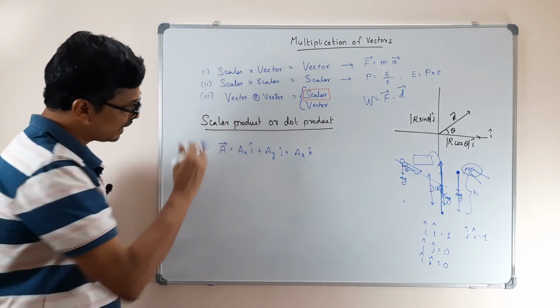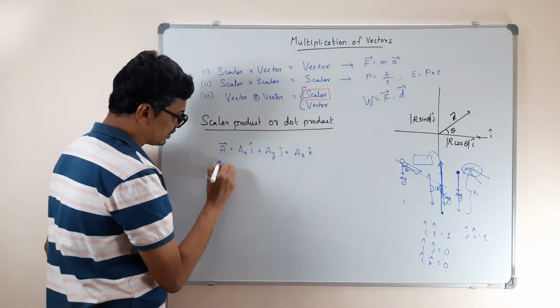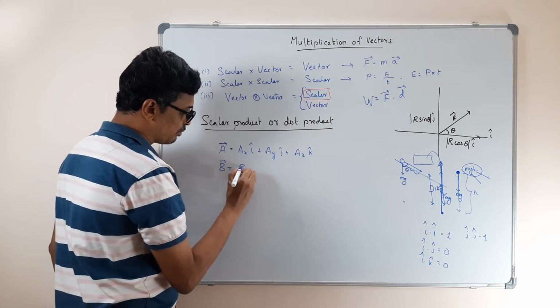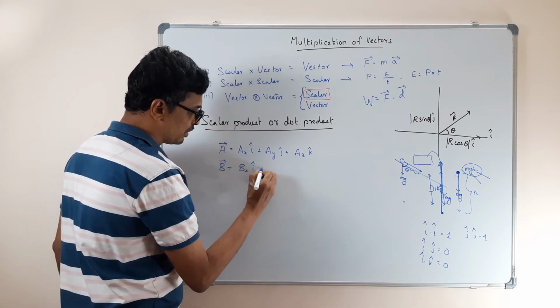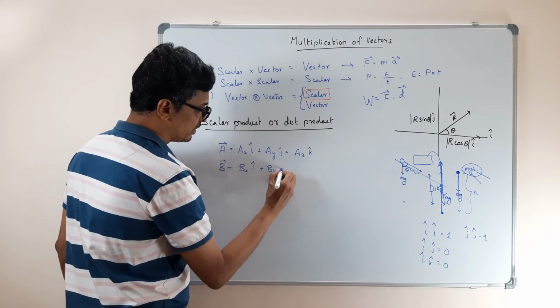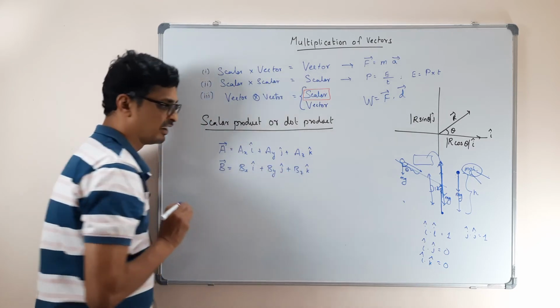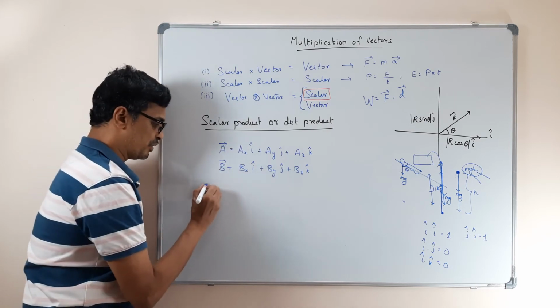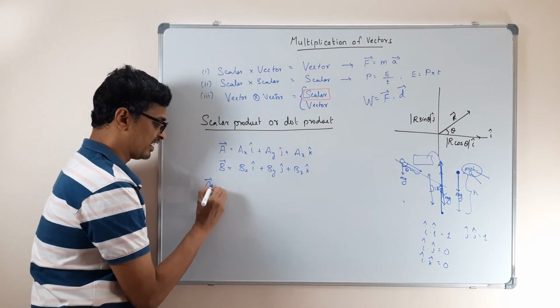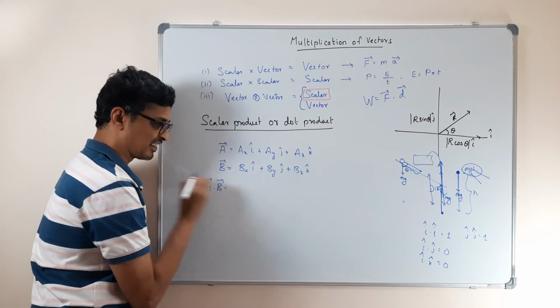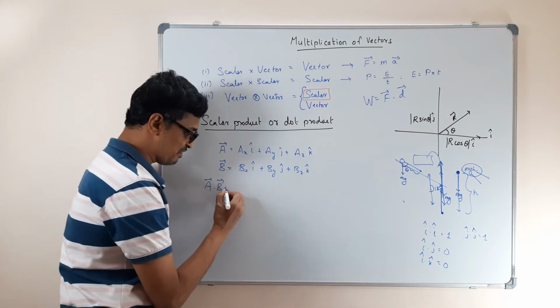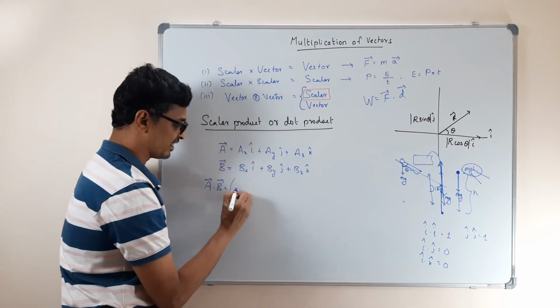Okay. So let me have B vector equal to similarly Bx i cap plus By j cap plus Bz k cap. Now tell me, what is A vector dot B vector? Let us write it.